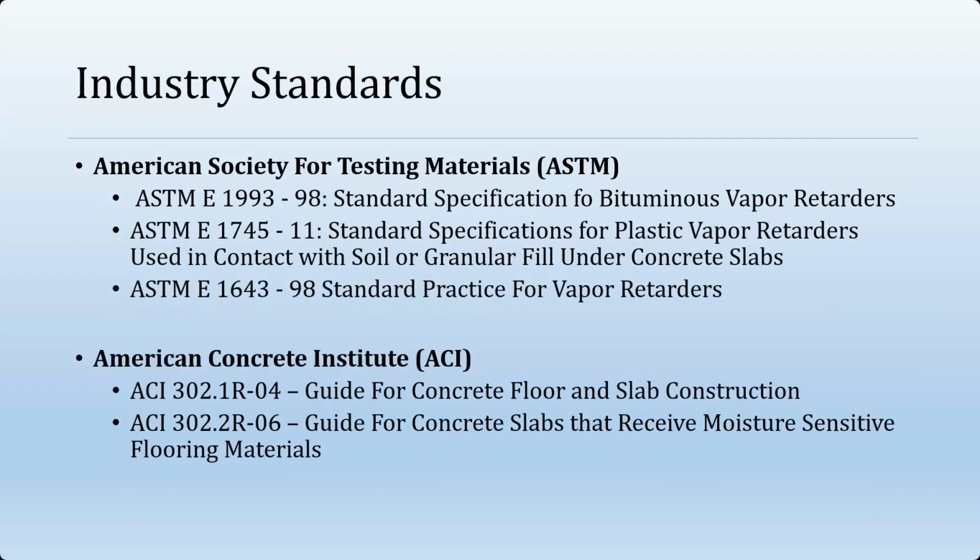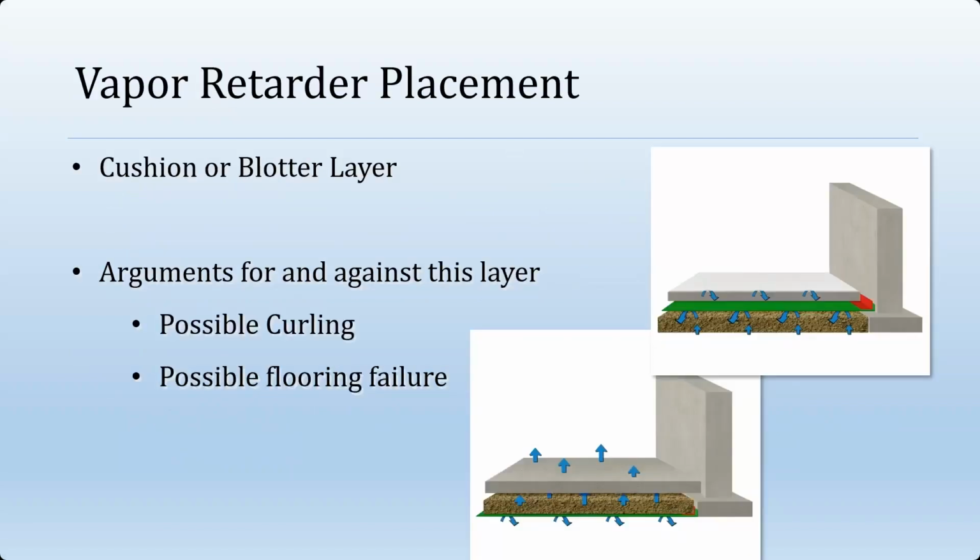E1993 is the standard spec for bituminous vapor retarders. So just know that there's a difference there. And we're also referencing the ACI guidelines for below grade slab preparation to receive these types of membranes, which are also the same standards we use for the Blindside waterproofing system placements.